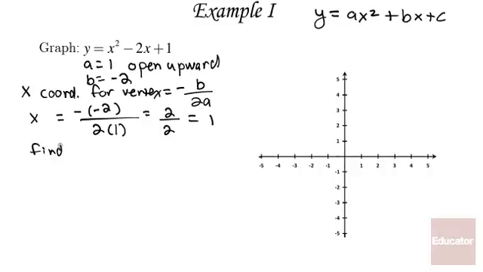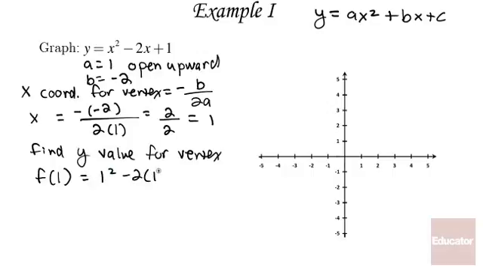To find the y value for the vertex, I'm going to find what y is when x is 1. In other words, I'm going to find f of 1. So I'm going to let x equal 1. So this is 1 minus 2 plus 1.